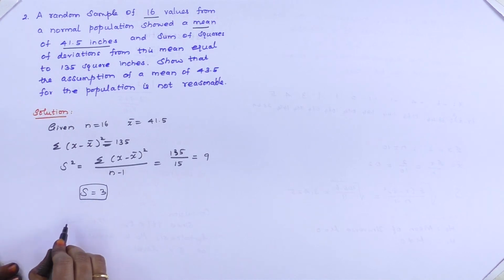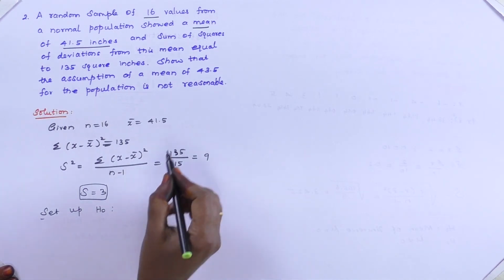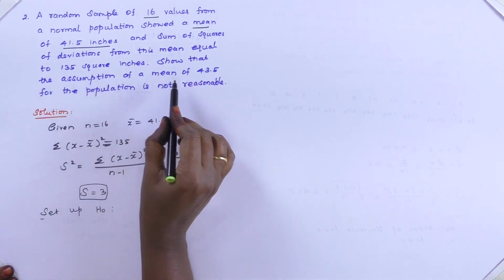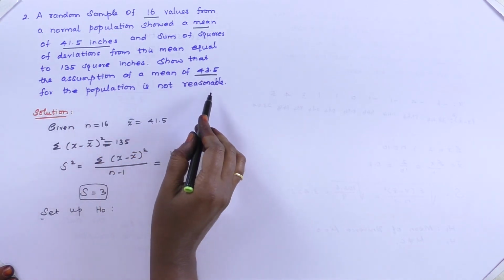Now we set the null hypothesis and alternative hypothesis. Here we have to show that the assumption of a mean of 43.5 for the population is not reasonable.